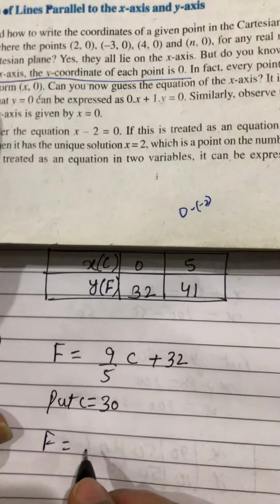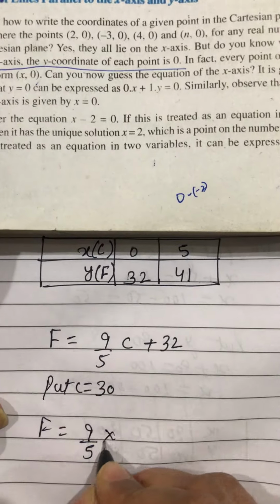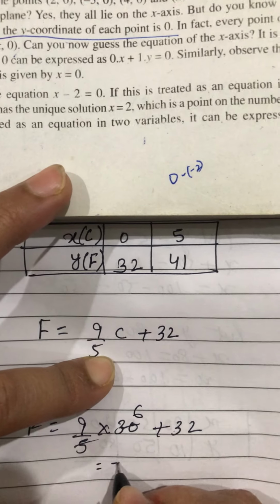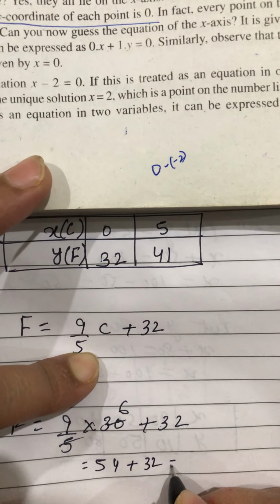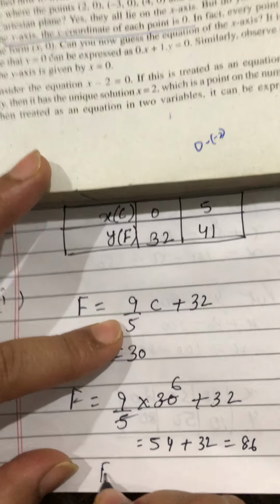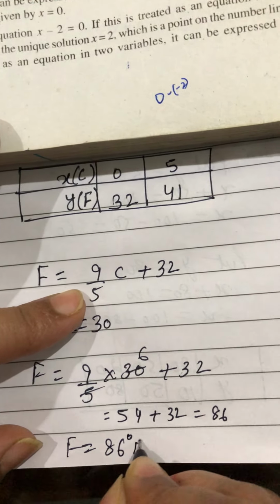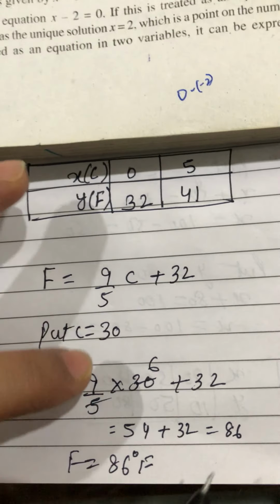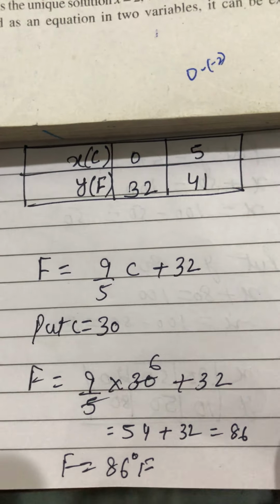So what is the value of F? 9 by 5 into 30 plus 32. 54 plus 32 is equal to 86. So F is 86 degrees Fahrenheit. When the temperature is 30 degrees Celsius, in Fahrenheit it is 86 degrees.